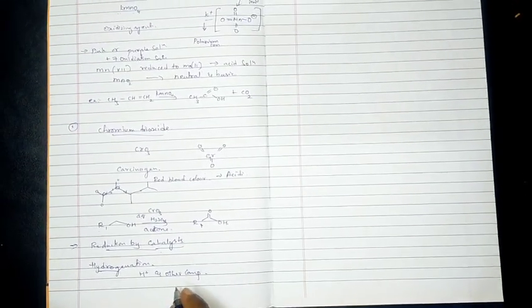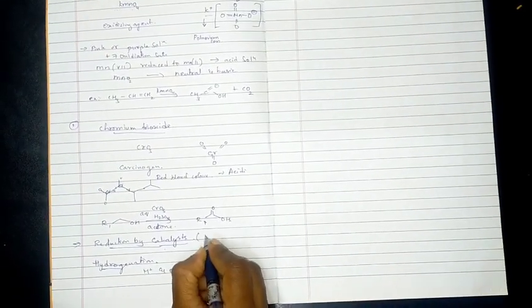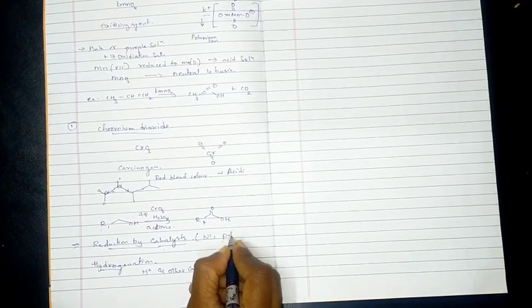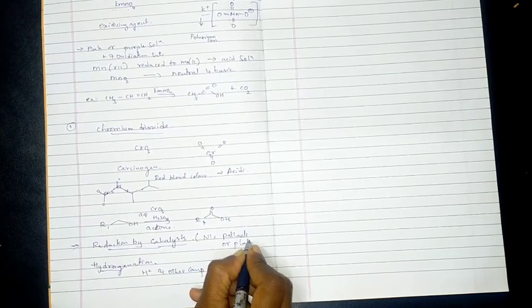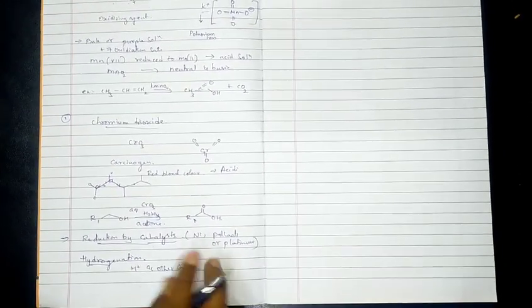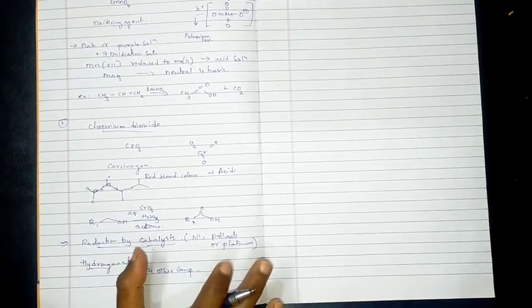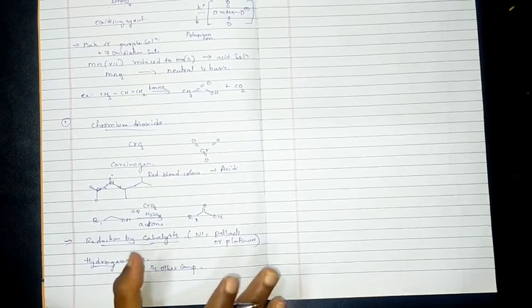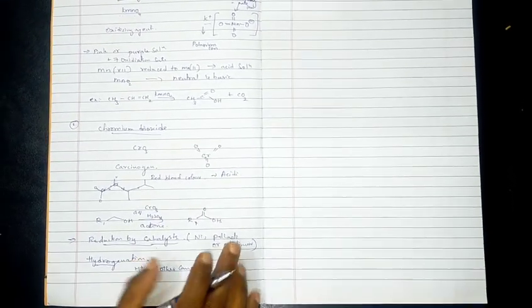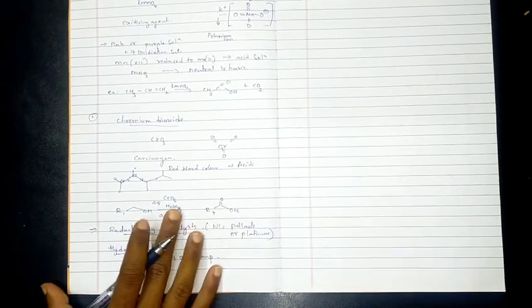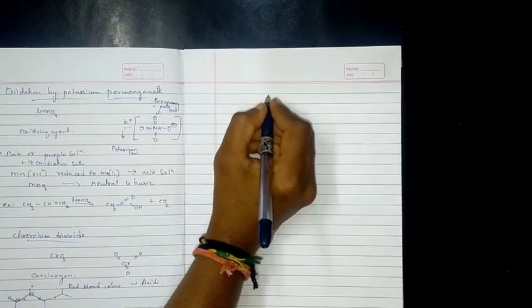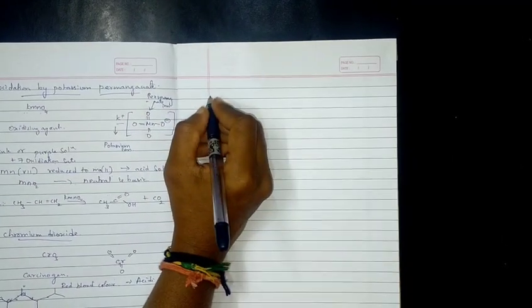The catalysts which can be used are nickel, palladium or platinum. These are all used as catalysts in particular chemical reactions. Hydrogenation reduces the double bond or triple bond into hydrocarbons. So, for example, catalytic hydrogenation by nickel.